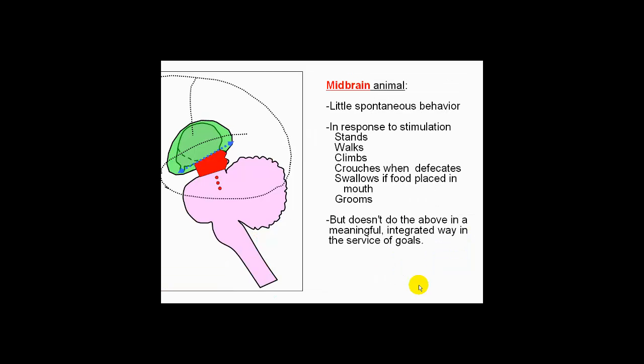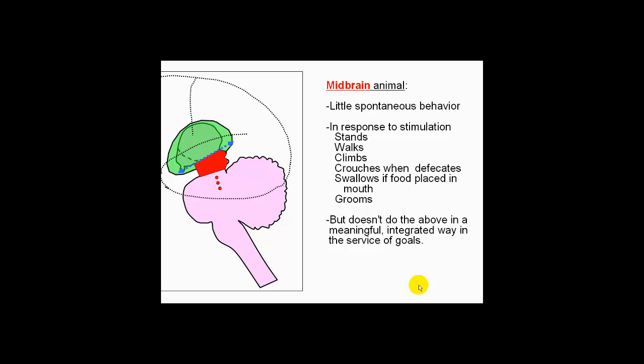Okay. Now, the next kind of preparation going up we're going to talk about is one where the midbrain is the highest functional part that's working. And this is produced by making a cut above midbrain. And again, the rest of the brain is still there, but we're just not paying attention to it.